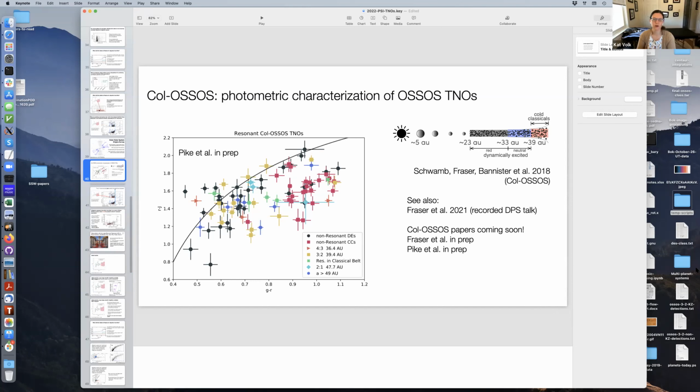Yeah. So one of the open questions is, of these distinctive cold classical surfaces, we know where they are today, but we don't really know how far in that disk went in the early solar system.